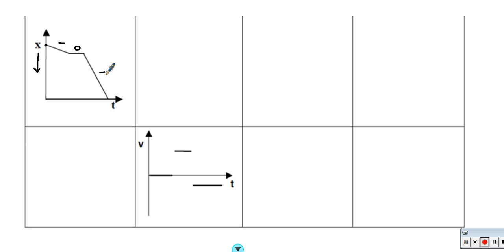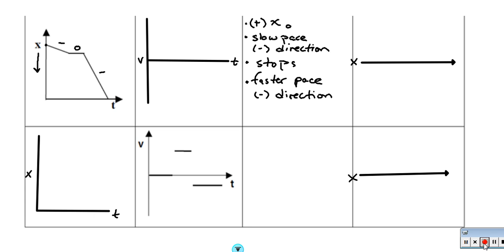So it appears as though it's not moving quite as fast in this first segment, and then with the graph being steeper here, is moving faster. So positive initial x position, slow pace moving to the left in negative direction, it stops and then returns back moving in the negative direction at a faster pace.